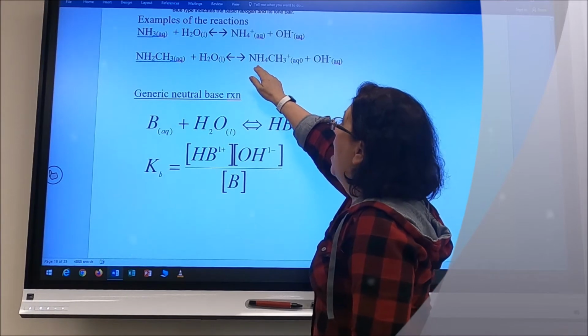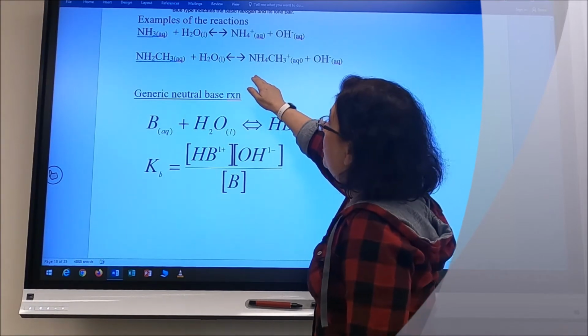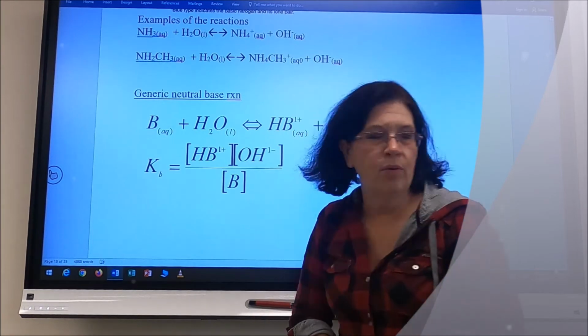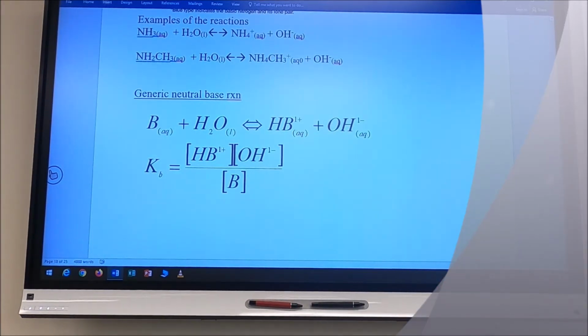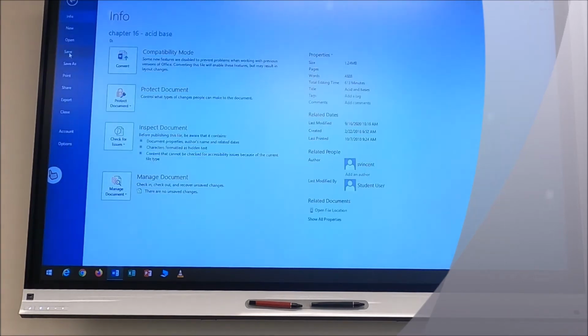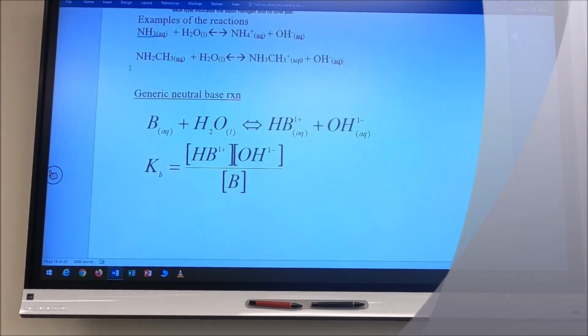I made a typo there, let me fix that. So it should be NH2CH3 plus water going to NH3CH3 plus and a hydroxide ion. The hydrogen that was gained goes to the nitrogen.